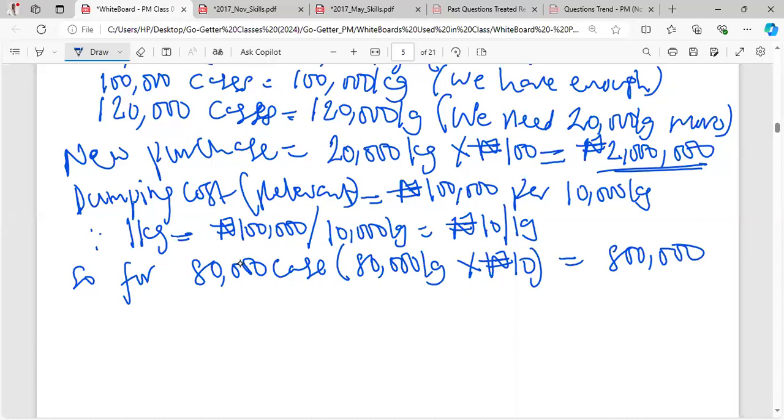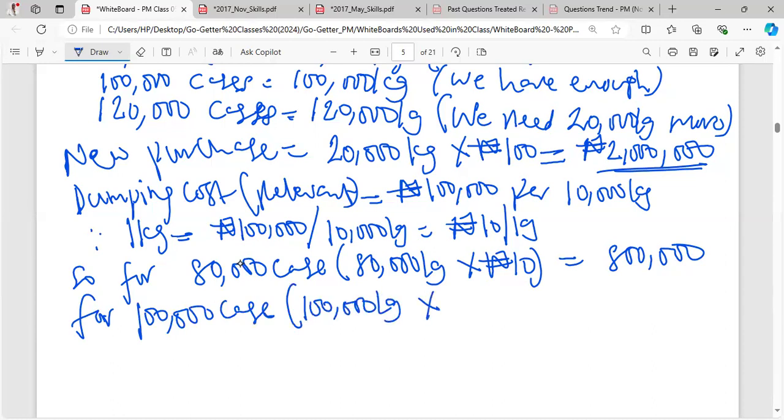If we don't use this material, we are going to dump it. We are going to spend 800,000 for it as a dumping cost. For 100,000 cases, it's going to be 100,000 kg times 10 naira, which is 1 million naira.